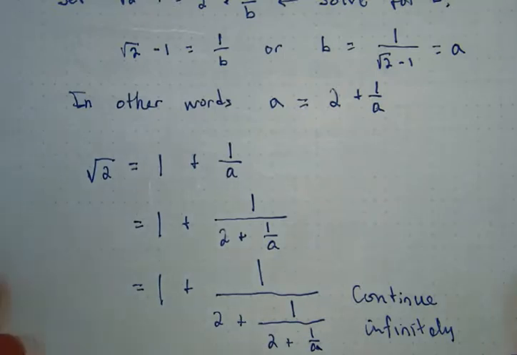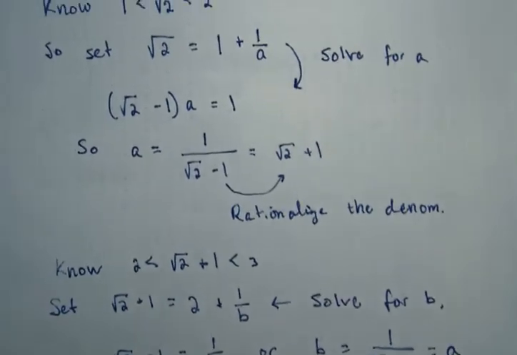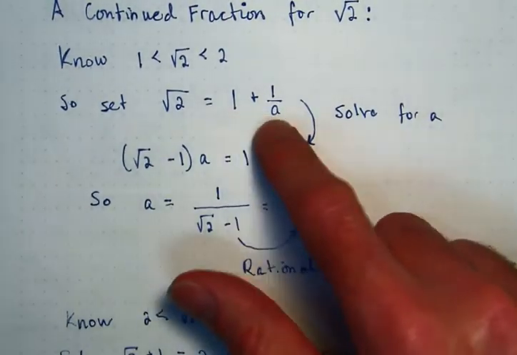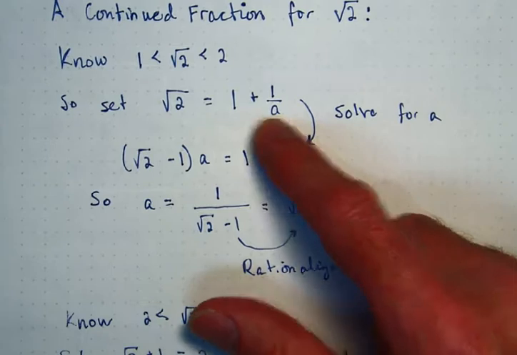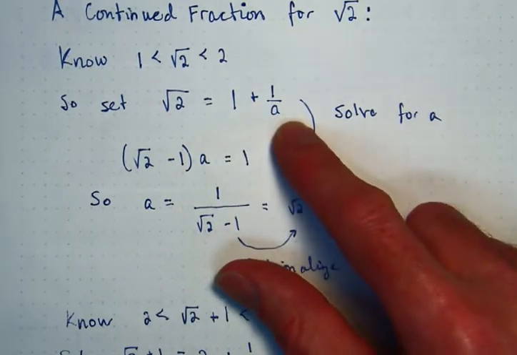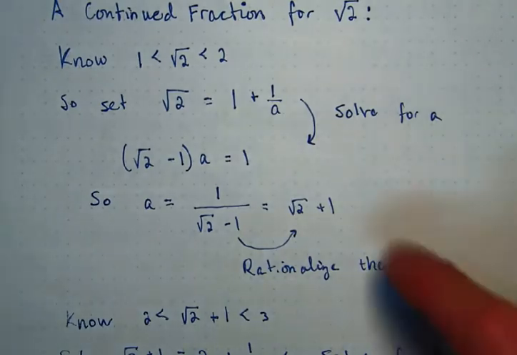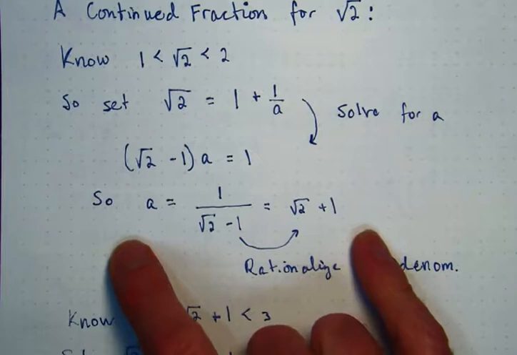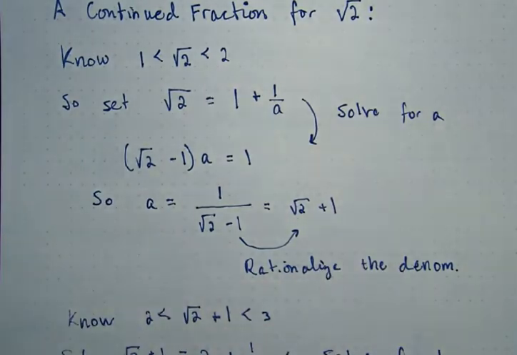So this is the important starting technique for getting the continued fraction expansion. You start out something like this. You know what the whole number part is, so you find something out about the fraction part. And then once you do that, you investigate the fractional part of the fractional part. You repeat the process.